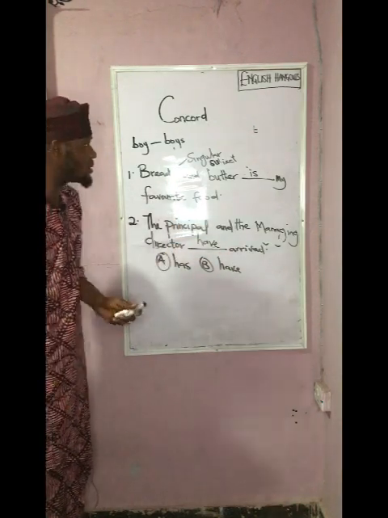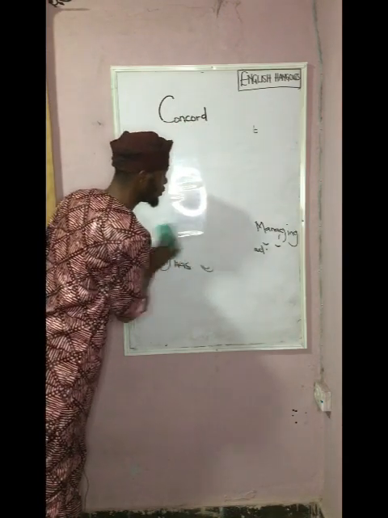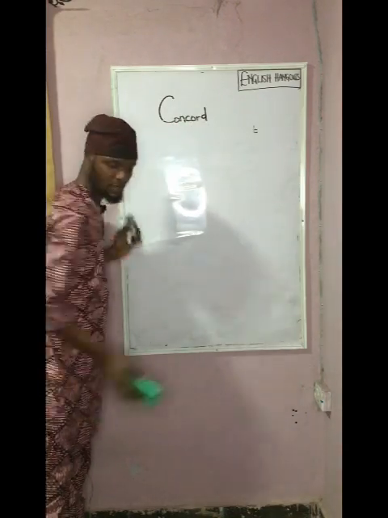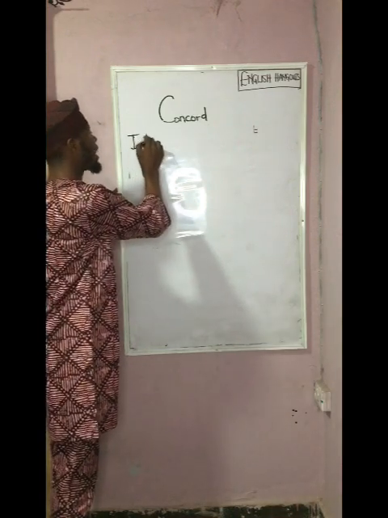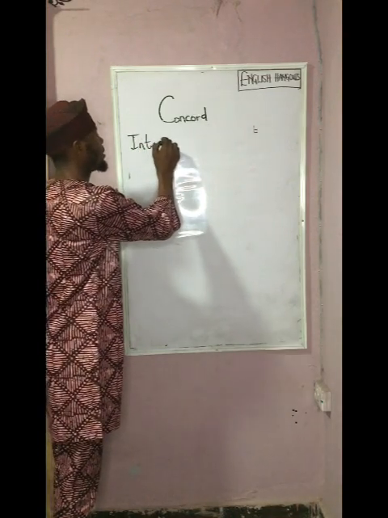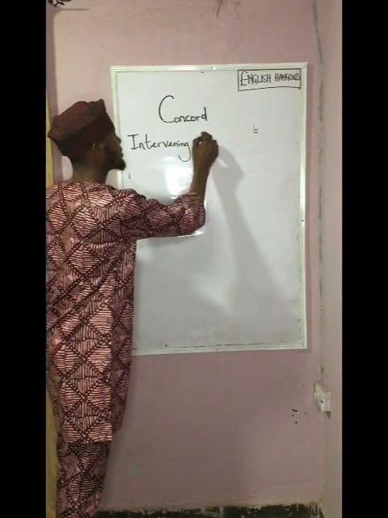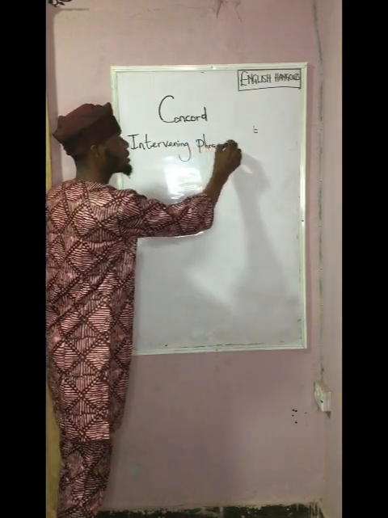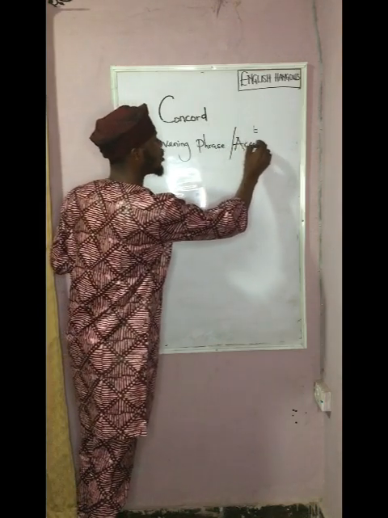Rule number 3 is a situation where we have an intervening phrase. Some scholars also refer to this rule as accompaniment concord.